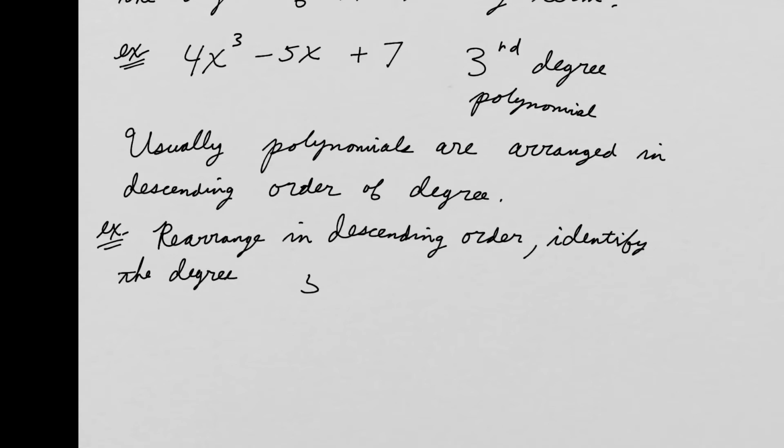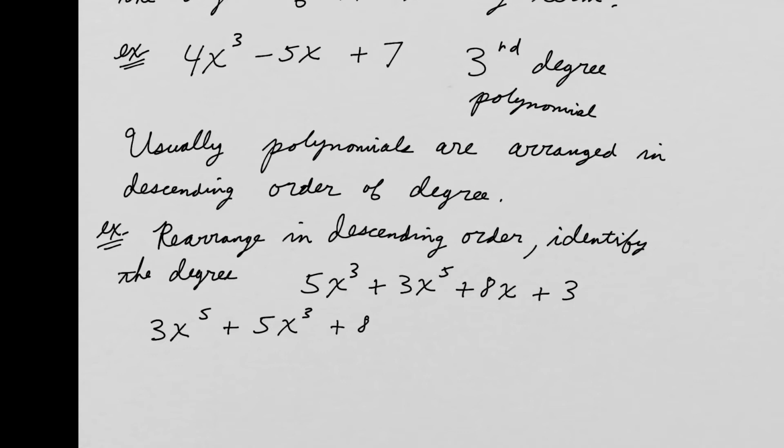Okay, so here's the polynomial. 5x cubed plus 3x to the 5th plus 8x plus 3. Okay, so first thing, write it in descending order. So the largest term is 3x to the 5th. Then I have the next largest, looks like is 5x to the 3rd. Then it looks like it's 8x, and then 3. So that's the first part, right? I rewrote it in descending order.